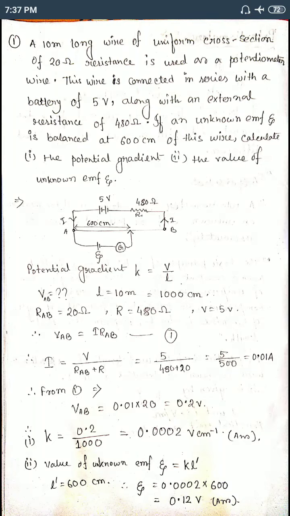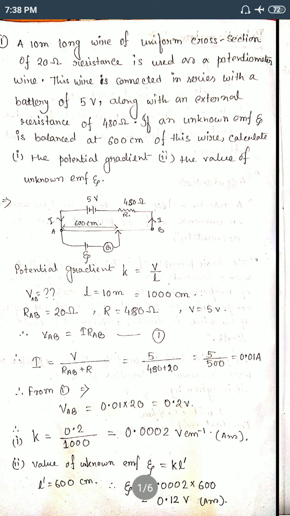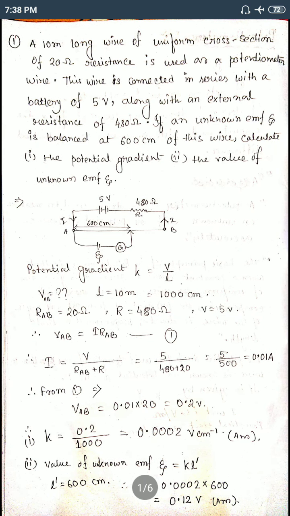So from a point we connect another source whose EMF is E, attached with a galvanometer, and the jockey shows a null point at a distance 600 centimeter of this wire. So from A to the null point, this is 600 centimeter. We have to find the potential gradient and the value of this unknown EMF E.